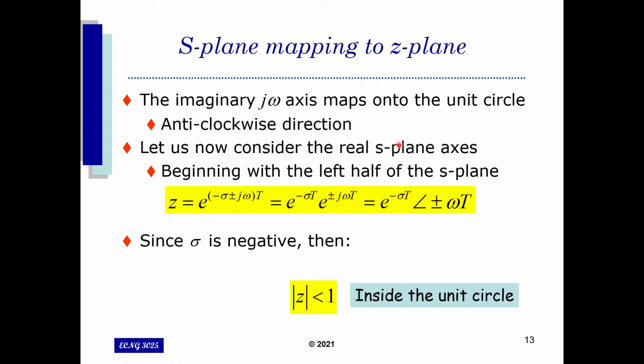And if we consider the real s-plane axis, where we put back in our sigma components and expand out the Euler expansion, we see that for anything that is e to the minus sigma t, with the same phase and so forth, because sigma here is negative in nature, when we calculate what we refer to as the region of convergence for this equation, the magnitude of z is going to be less than 1. That is literally anything inside the unit circle, which maps to the exponent of minus sigma t in general.